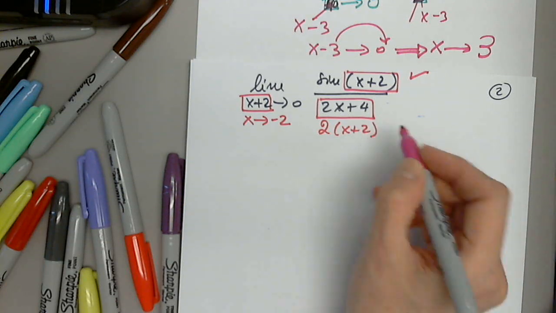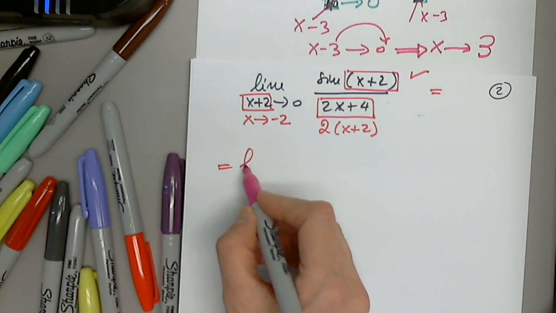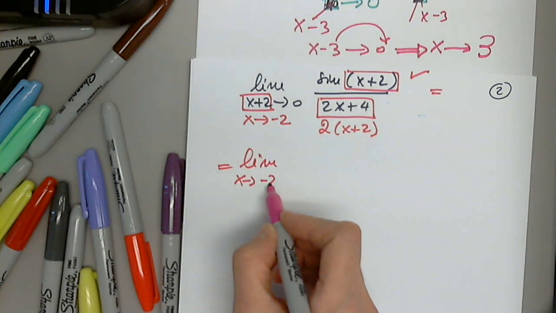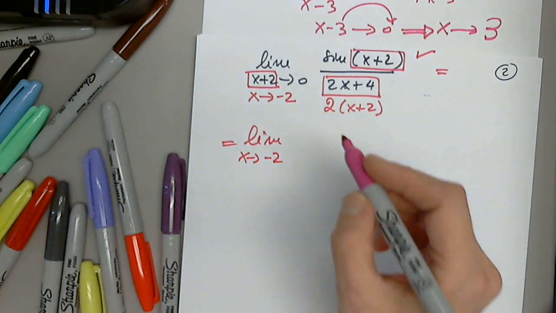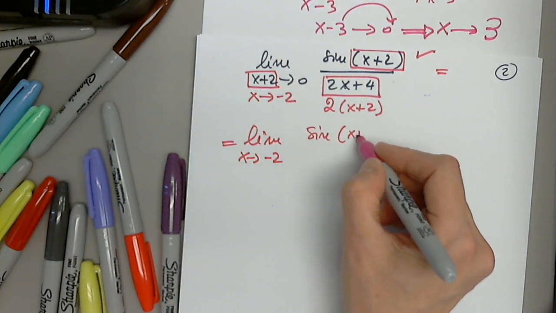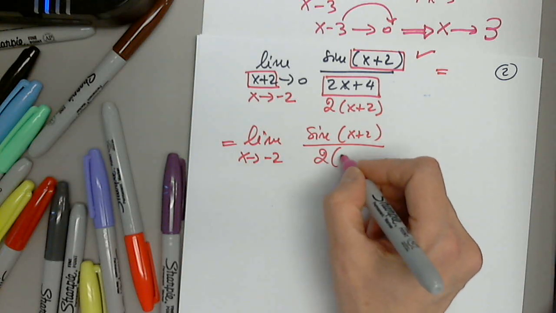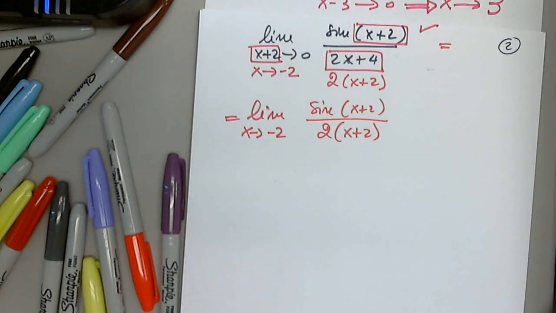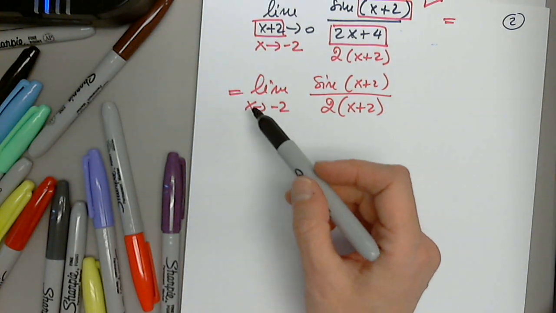So then I will rewrite the whole limit as x approaches -2 of sine of x plus 2 over twice x plus 2. Now I do have the 3 required pieces the same.